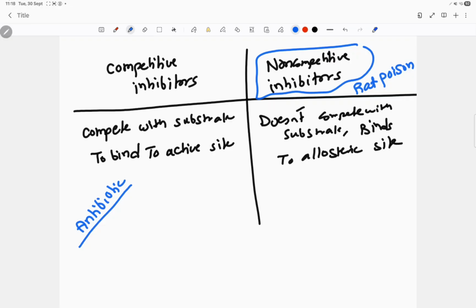So basically, if it's competitive, it can be overcome by simply having more substrate. This one, it cannot be undone. Once the rat ingested the poison, it will die. Unlike antibiotics, which you must take for a course of at least 3 pills.